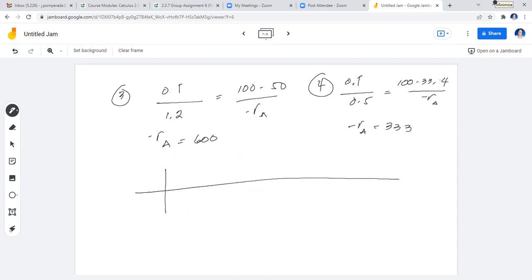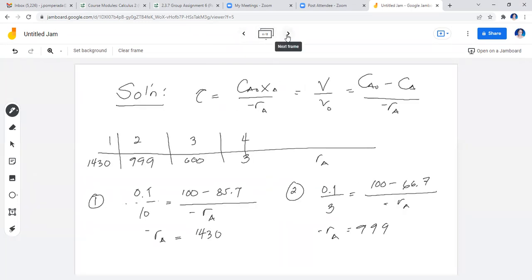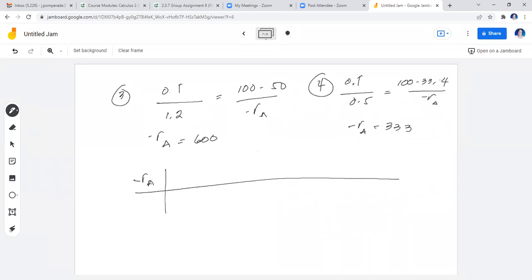So I have here the rates: 1,430, 999, 600, and 333. What should be the other information here? We're done with kinetics. That way I can determine the K and the N. Use what you have learned weeks ago.